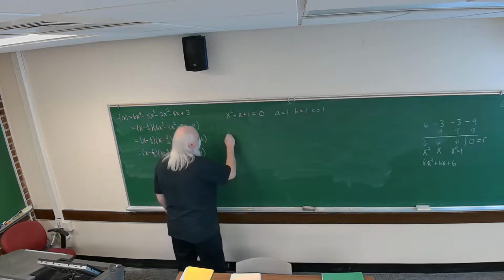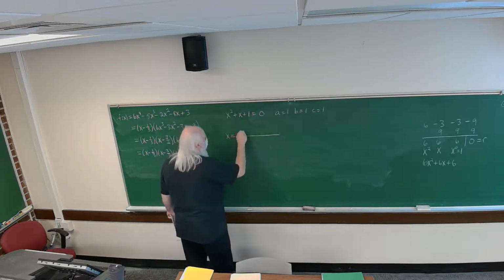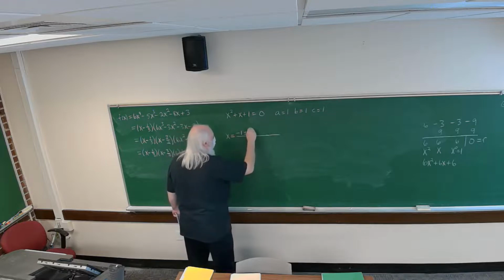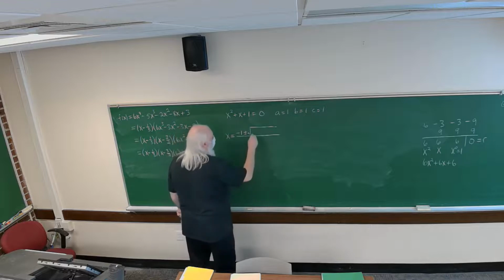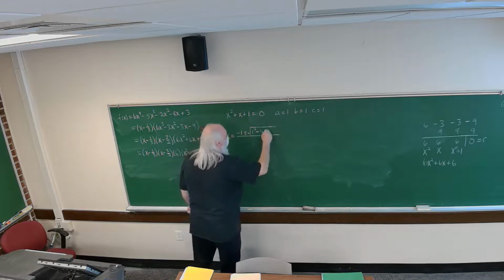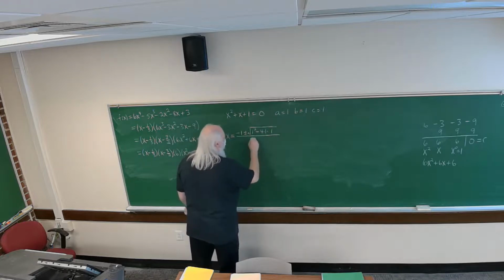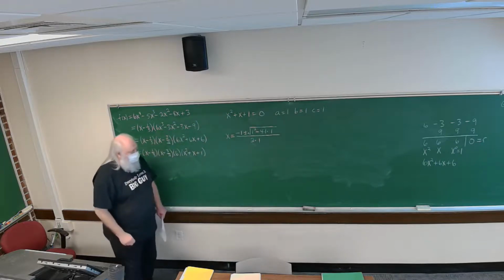So by the quadratic formula, x is equal to negative b, which is negative 1, plus or minus the square root of b squared, which is 1 squared, minus 4 times a, which is 1, times c, which is 1, all divided by 2 times a, which is 2 times 1.